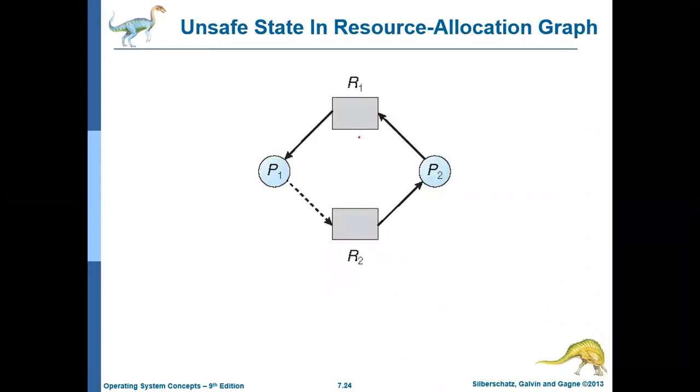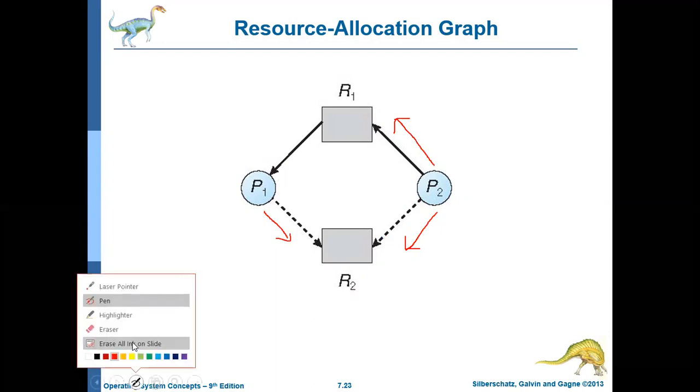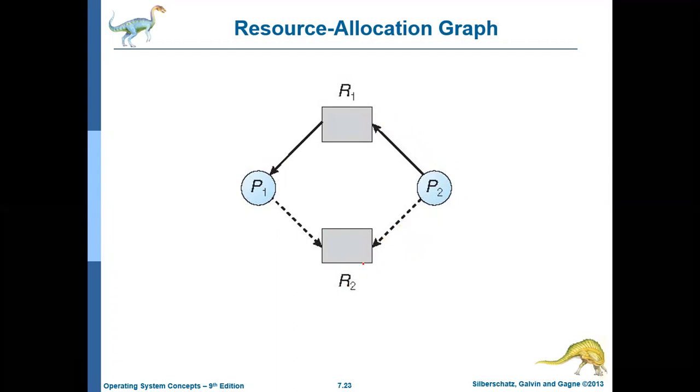Now let us consider P2 is requesting the resource R2. We already discussed that P2 may claim the resource R2 in the future. Assume that now P2 is requesting the resource R2.